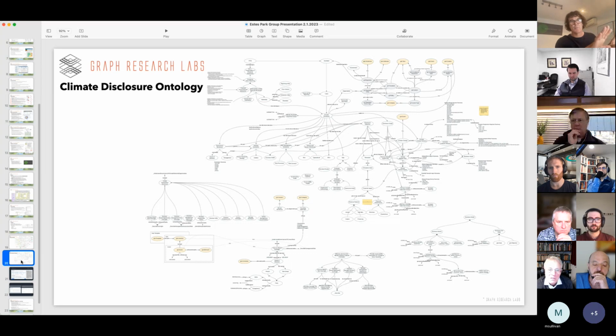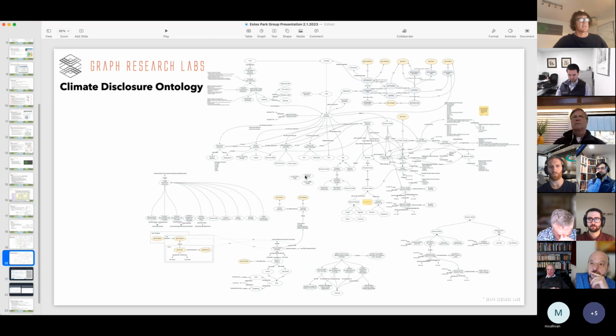A big part of that is reporting your upstream, internal, and downstream emissions, the scope 1, 2, and 3. It turns out that's a really difficult thing to do. It's quite complicated to do the work to actually understand that in the first place, and then to report it.